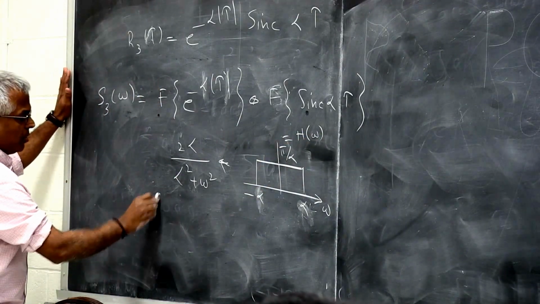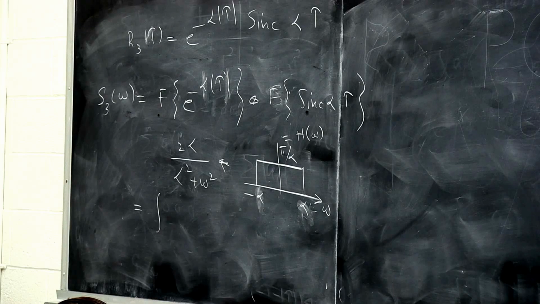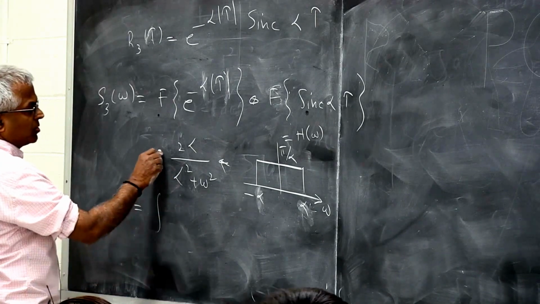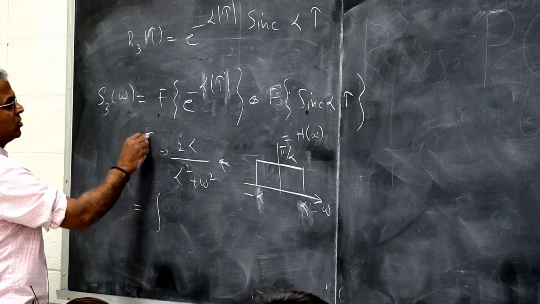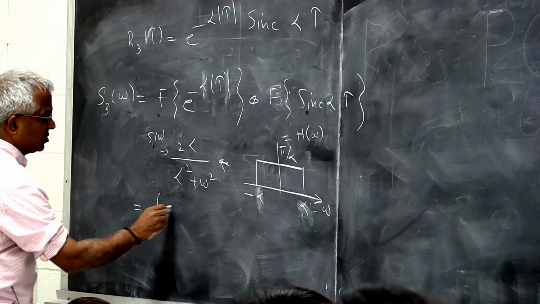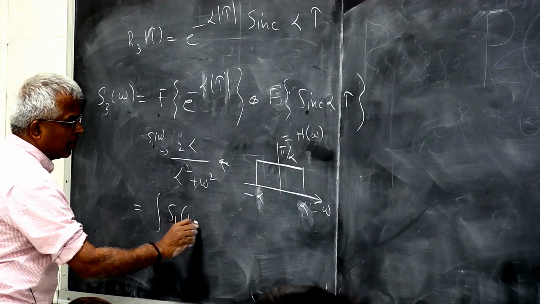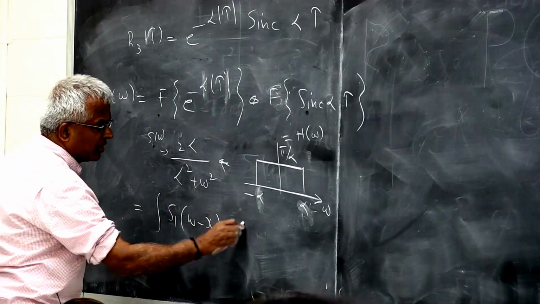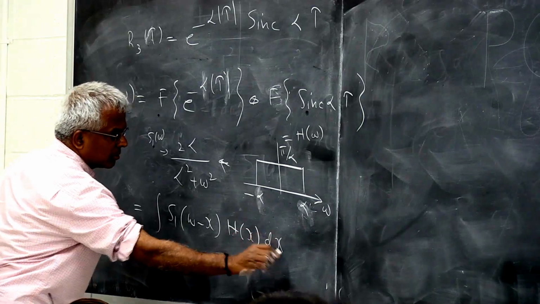So this is going to be the convolution of this function, which is your S1 omega. So S1 omega convolved with this one. So this is S1 of omega minus x, h of x dx, right?